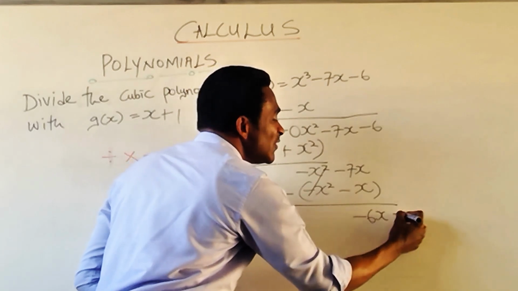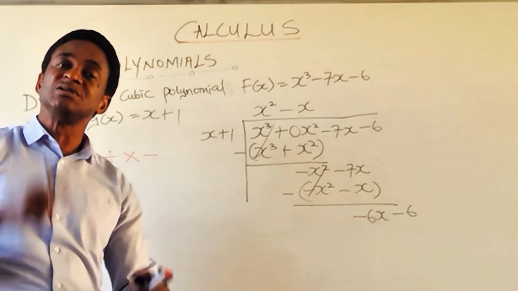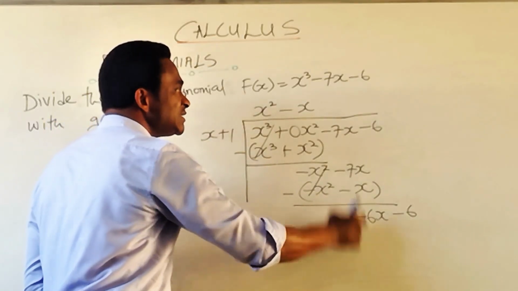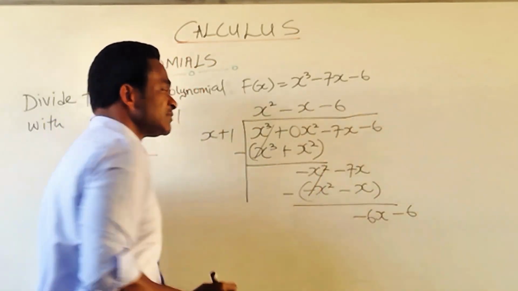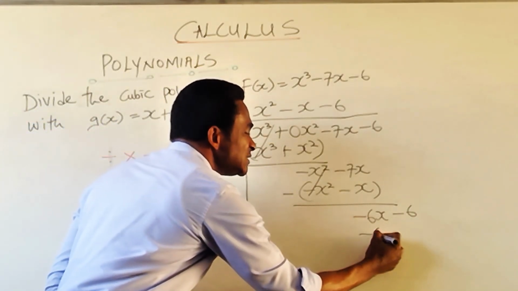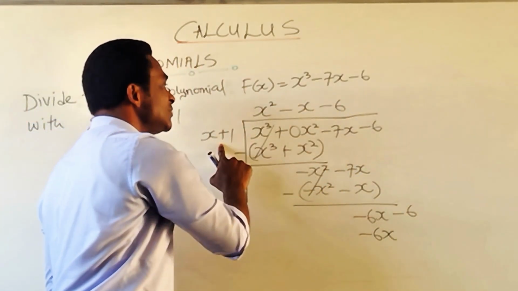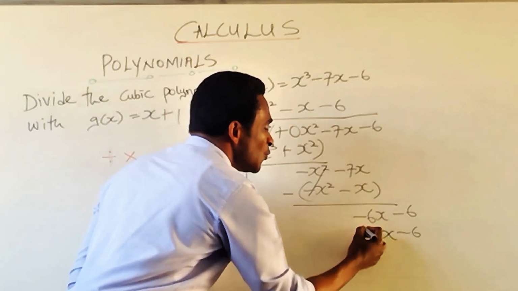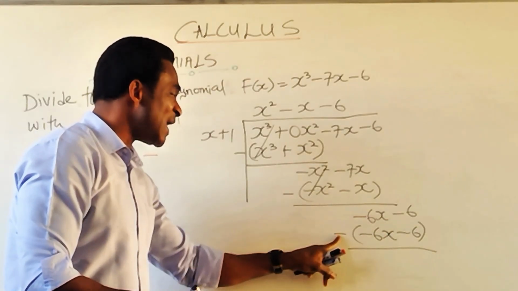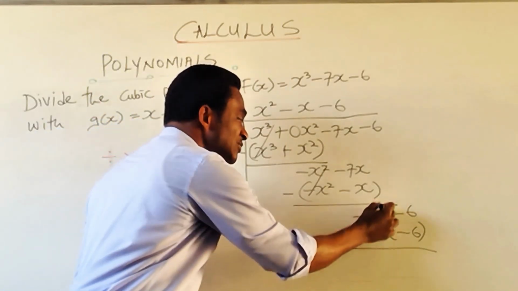We bring down whatever is left and repeat the process again. Now, x into negative 6x is negative 6. Negative 6 times x is negative 6x. Negative 6 times 1 is negative 6. We subtract again. Now, negative 6 minus negative is plus, cancels out.